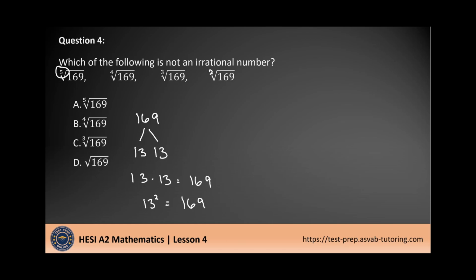So for example, 2 times 2 times 2 times 2 times 2, that would be 2 to the 5th. And then because we have 5 2's, we could take that 2 outside of the root. If we can't do that, if we're left with a number inside a radical and we can't take it out, that will always be irrational.